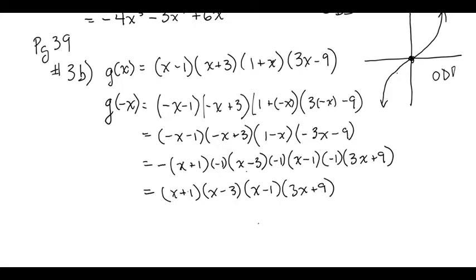Okay, x plus 1, I have x minus 1. X minus 3, I have x plus 3. Okay, but what I should maybe make note of is that this x minus 1 maybe is just in a different order, right? This x plus 1 is the same as 1 plus x. So maybe two of my factors are, in fact, identical.